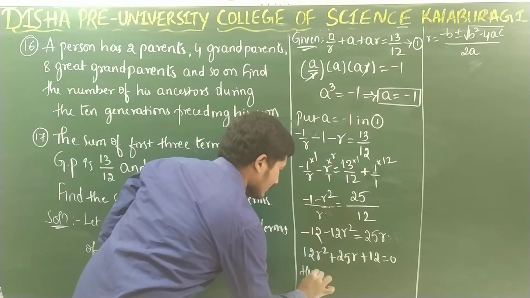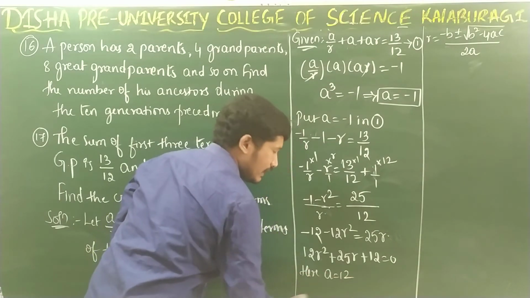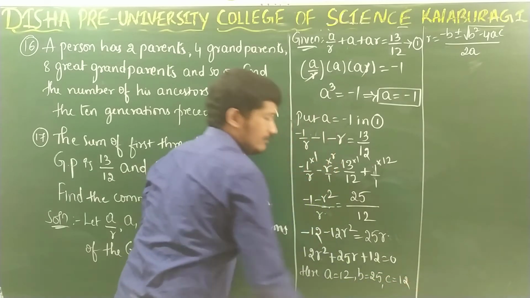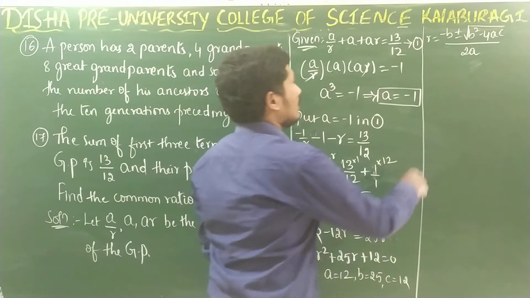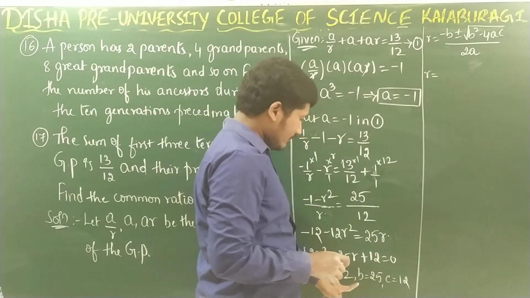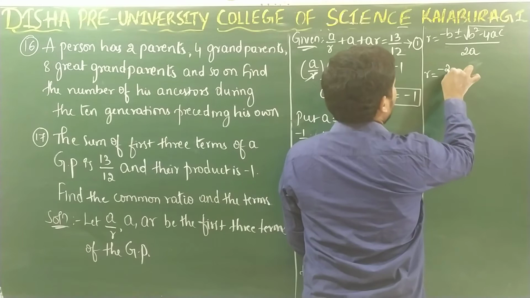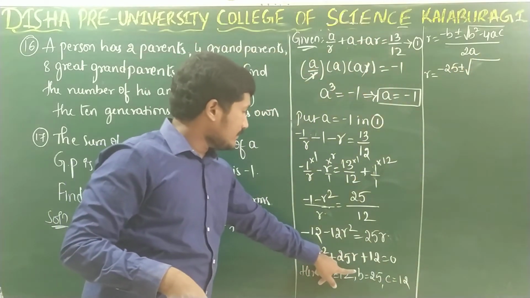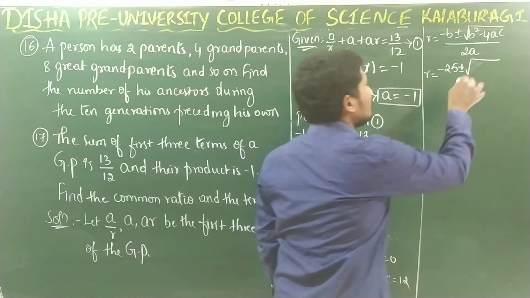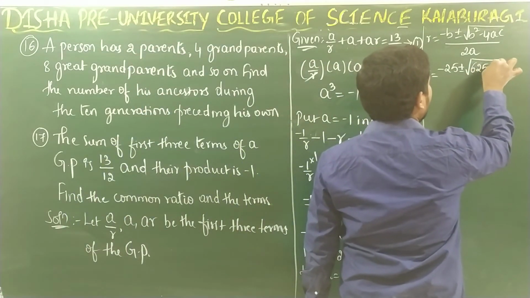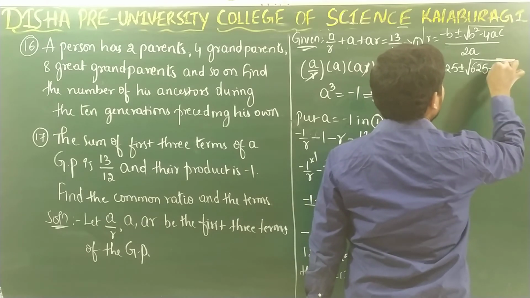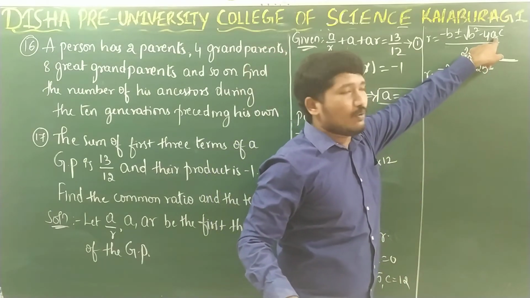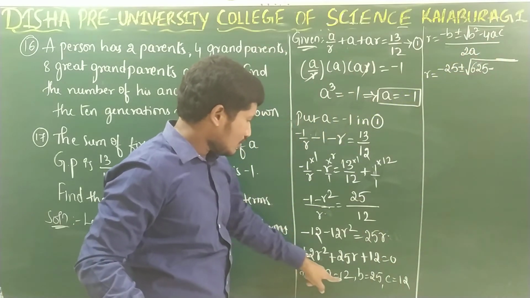So here a is equal to 12, b is equal to 25 and c is equal to again 12. So let us substitute there. r is equal to, what is the b value? 25. So minus 25 plus or minus square root of b square, that is 25 square. 25 square is 625 minus 4 into a into c. 4 into a, what is the value for a? It is 12.